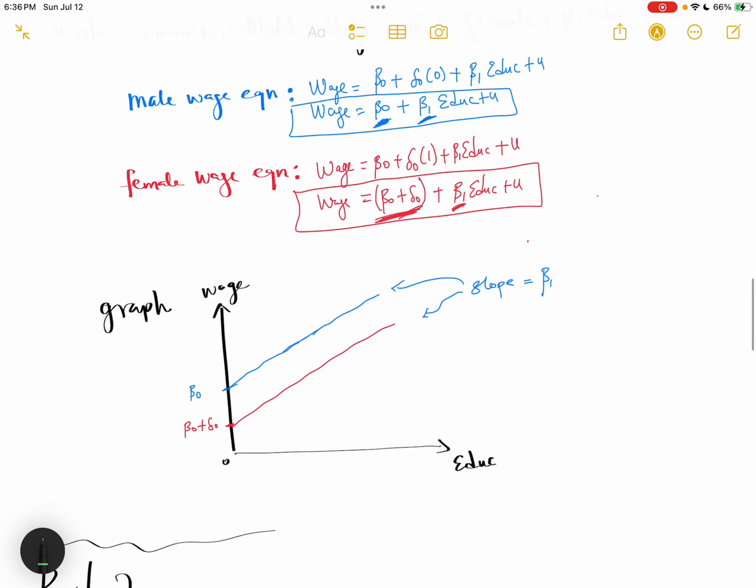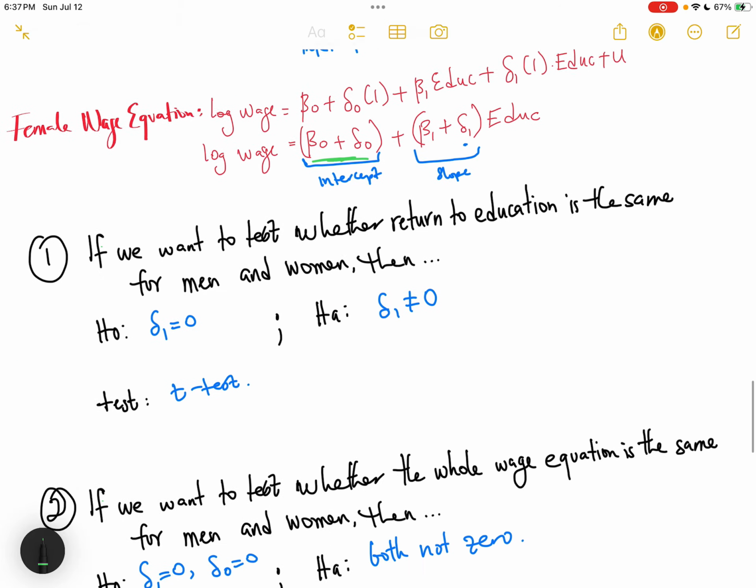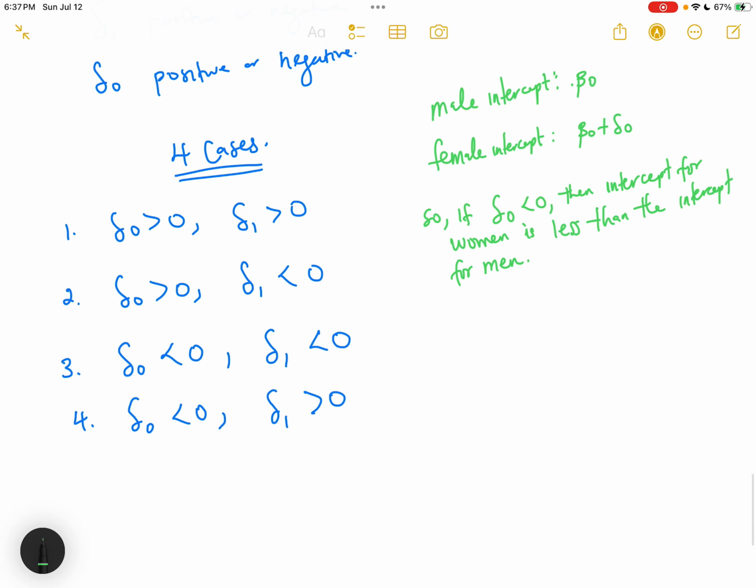Now, you saw that earlier on, something similar to this. The female intercept is below the male intercept.